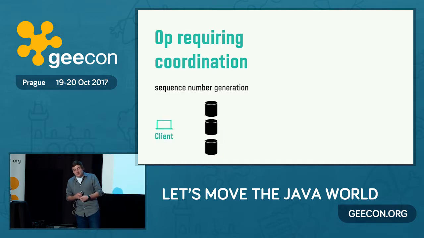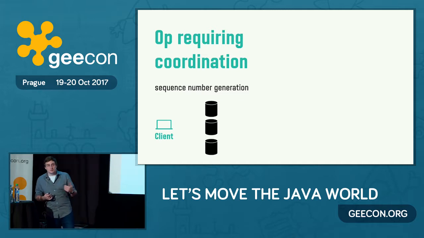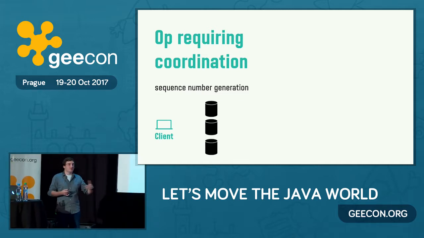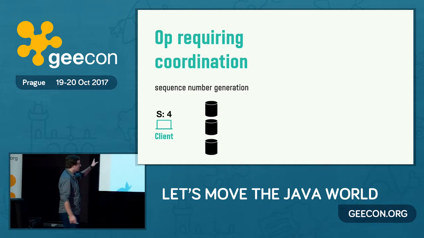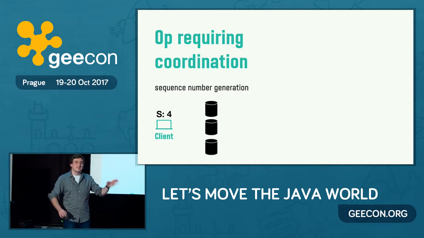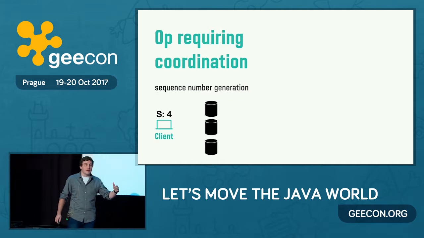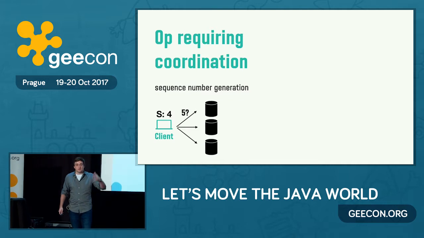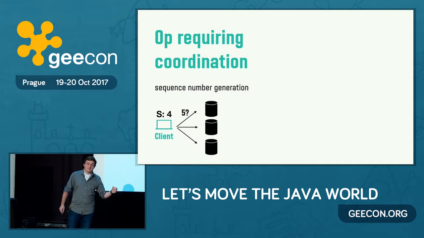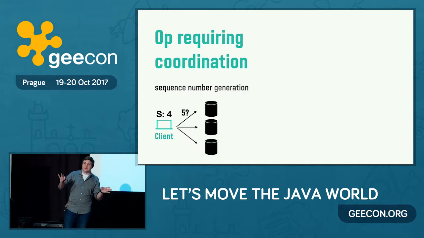If I want to implement sequence number generation properly, I need to use some kind of coordination mechanism, for example, the two-phase commit protocol. Let's say I have a client which thinks that the state of the sequence is 4, and it wants to progress to 5. With the two-phase commit, it first needs to ask: prepare everybody, can I jump to number 5?